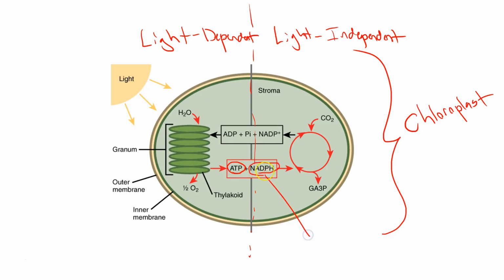Now you're going to see this molecule and go, oh, that looks really familiar to me. That's because when we talked about aerobic respiration, we talked about a molecule called NADH. NADH was an electron shuttle, right? It's something that carries electrons around. Well, the electron shuttle that is used in photosynthesis is not NADH but NADPH.